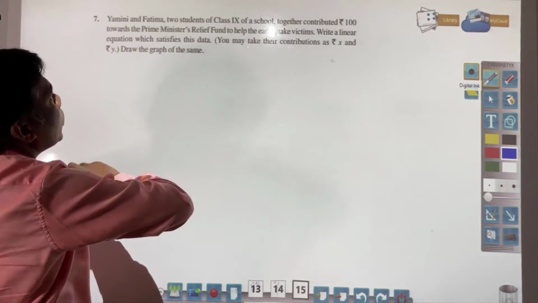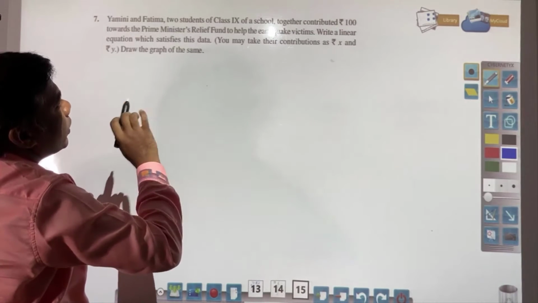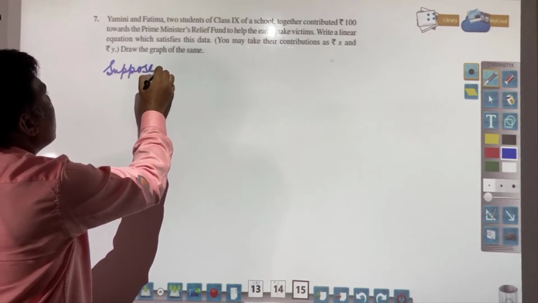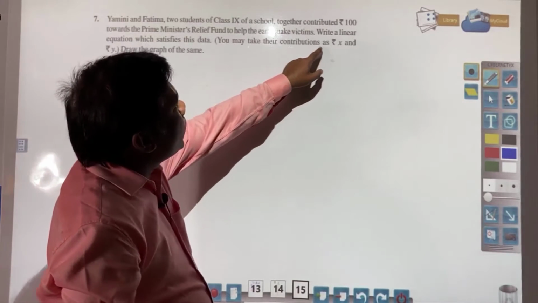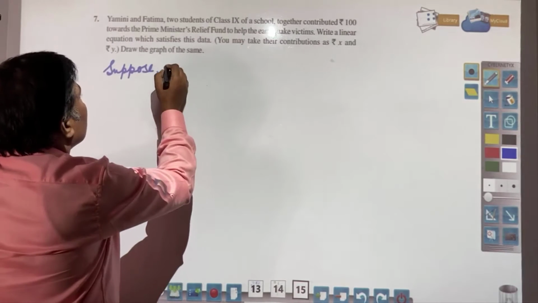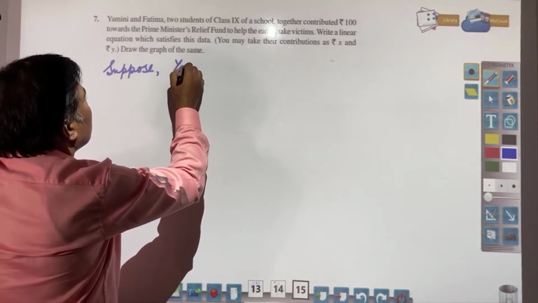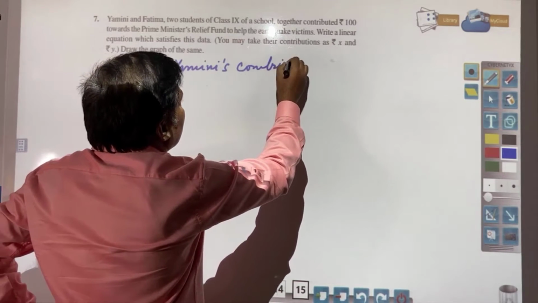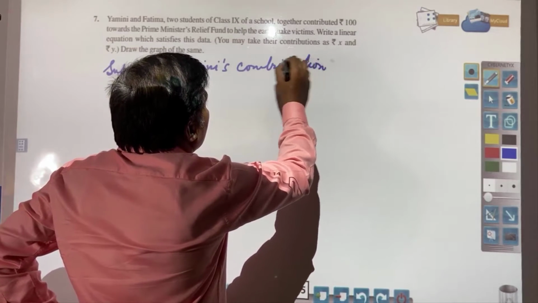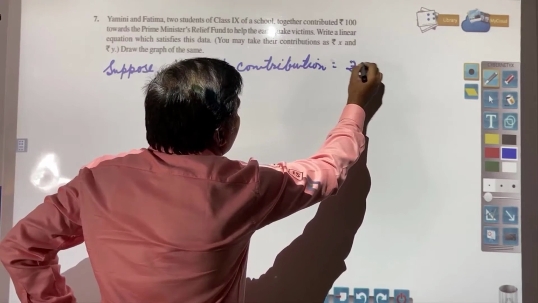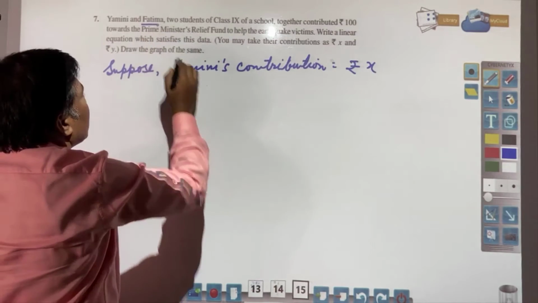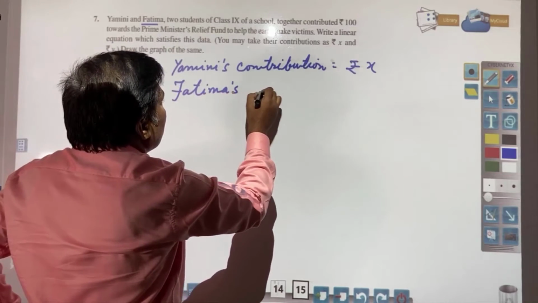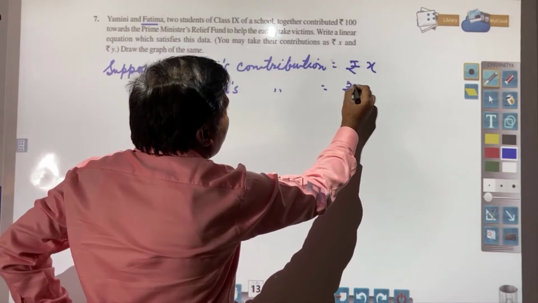Yamini and Fatima, two students of class 9 of a school, together contributed ₹100. So suppose contribution at X and Y we need to assume. Yamini's contribution is equal to X rupees and Fatima's contribution is equal to Y rupees.